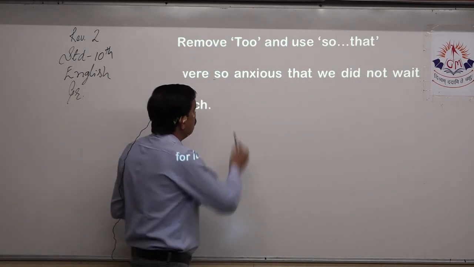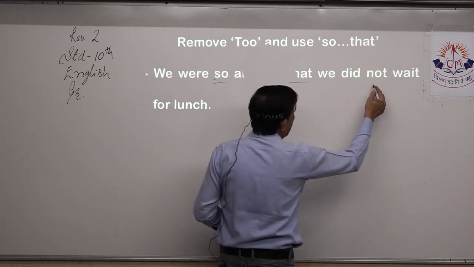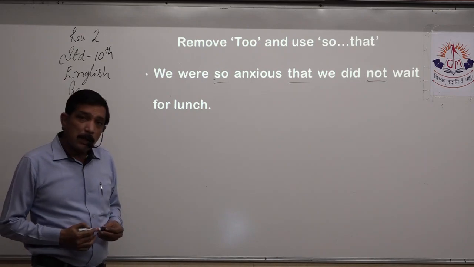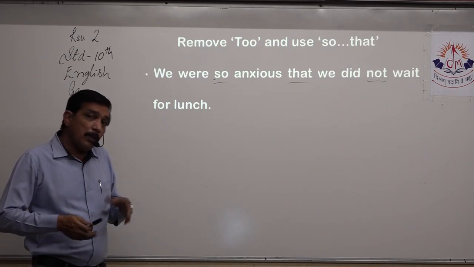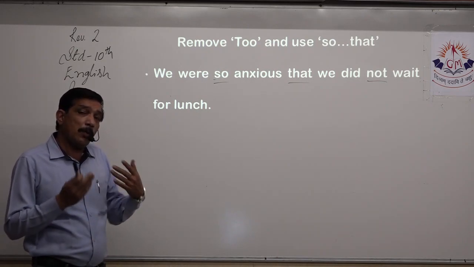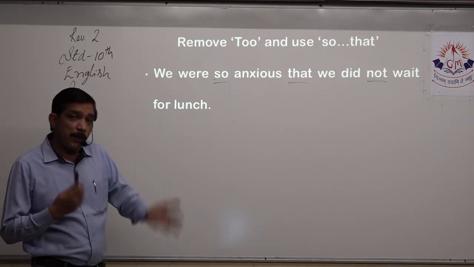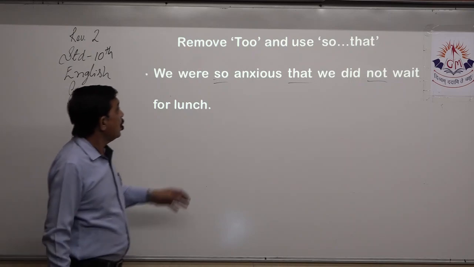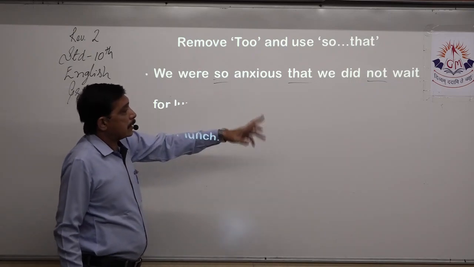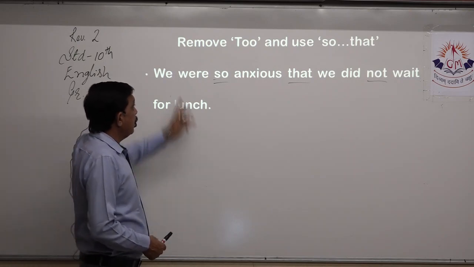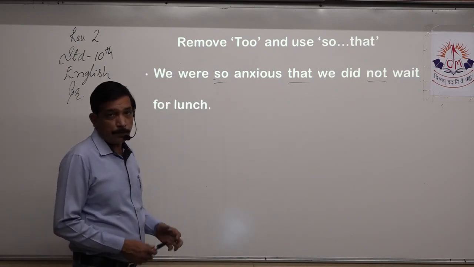Now, so that is there and negation is also there. So when we remove so that, we also have to remove negation, where? When we transform it into using to. Now, we were so anxious that we did not wait for lunch. We were too anxious.